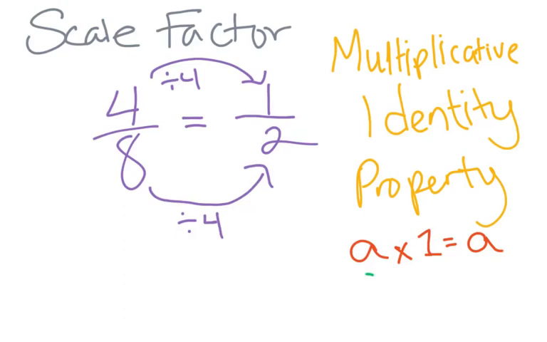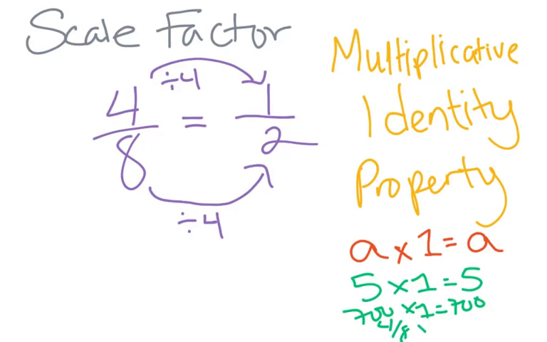For example, I could say 5 times 1 equals 5. 700 times 1 equals 700. 4 eighths times 1 equals 4 eighths. Now, the same holds true for division.